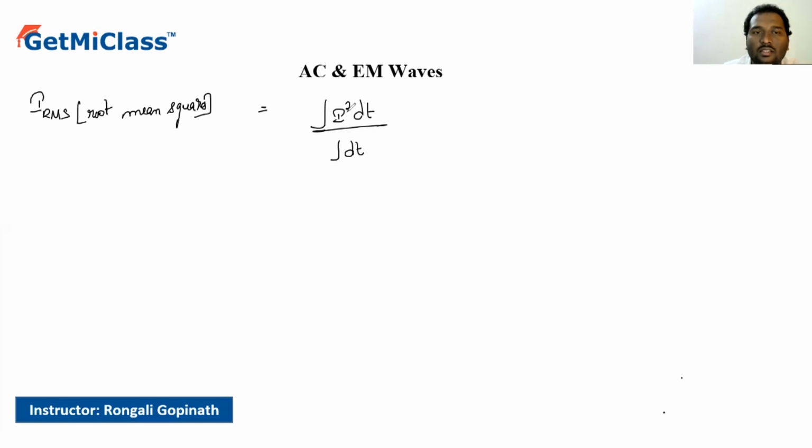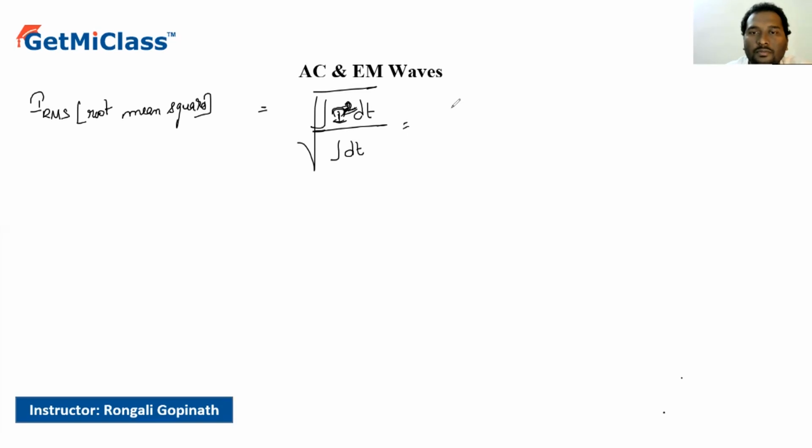This is the mean of the squares, but since we are already squaring I, no current goes in the negative direction. All the values of I square will always be positive.